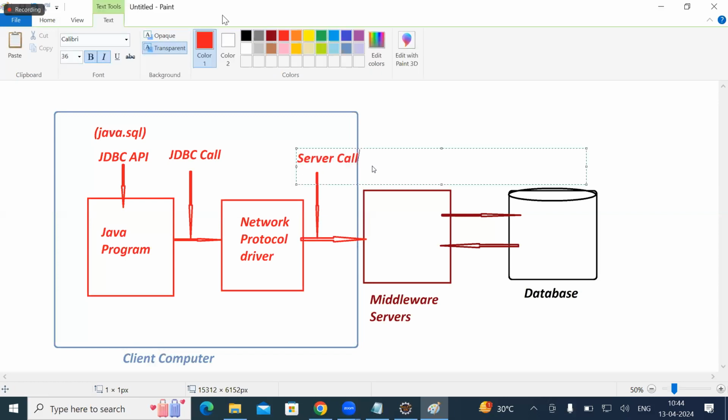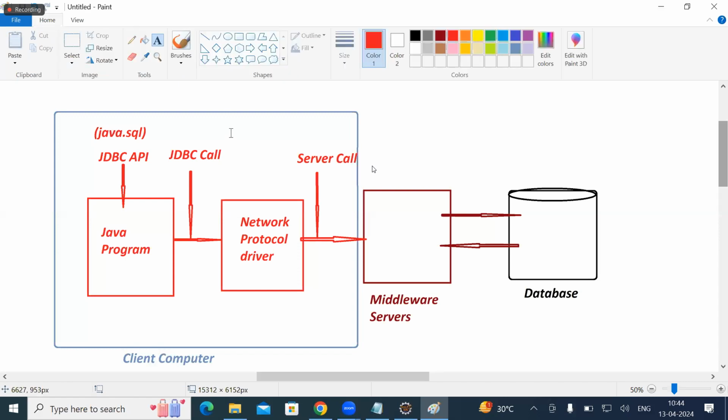We interact with the server. Whenever you interact with the server, the server will take care of the database interaction. The advantage here is no ODBC and no need to install database related native libraries. Here the database is internally integrated to the middleware server. This concept came. This is Type 3.